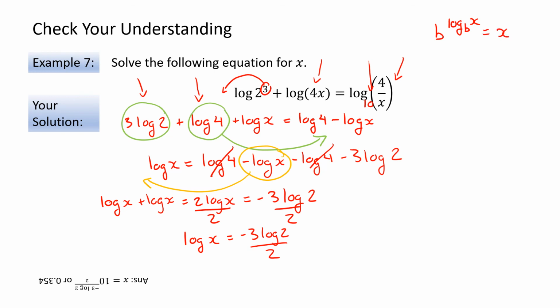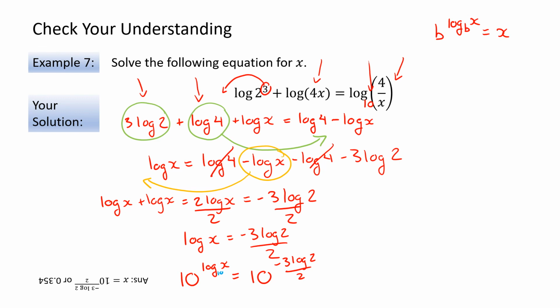So if it's not provided, you know it's base 10. So we know that our value for b is 10. So that means that 10 to the exponent log of x, because you have to assume that this is base 10, must be equal to 10 to the exponent negative 3 log 2 divided by 2.